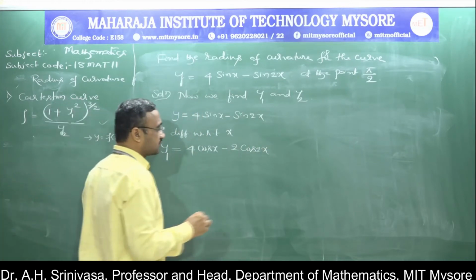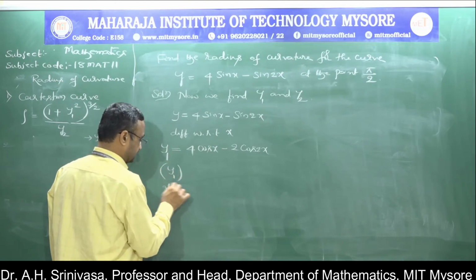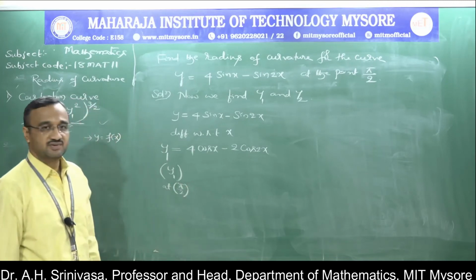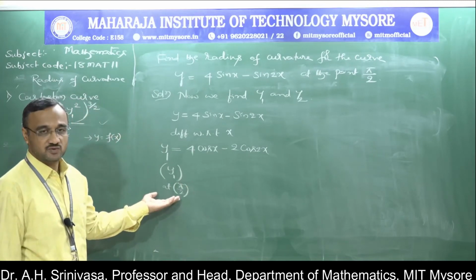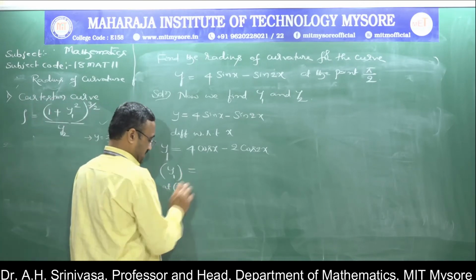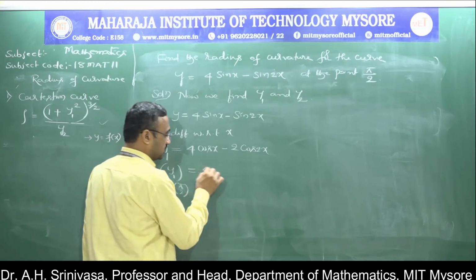Okay. So here we also find what y1 is at pi by 2. That means the value of x they have given us, and y is automatically determined. At x equal to pi by 2, what happens?